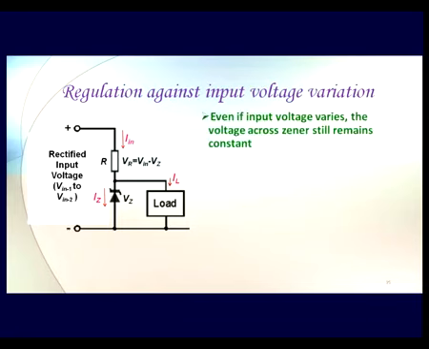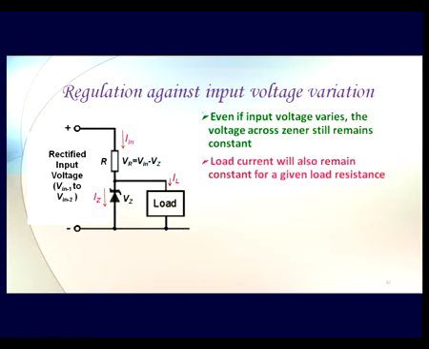Then whenever the input changes, this VZ is going to remain constant. So the voltage drop across the resistor, VR, is now Vin minus VZ. This VR is going to vary as per the availability of the input voltage.